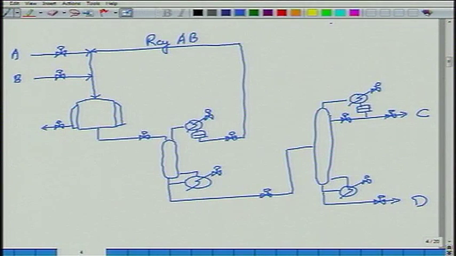Alright, so we discussed that optimal operation of this process corresponds to what active constraints?